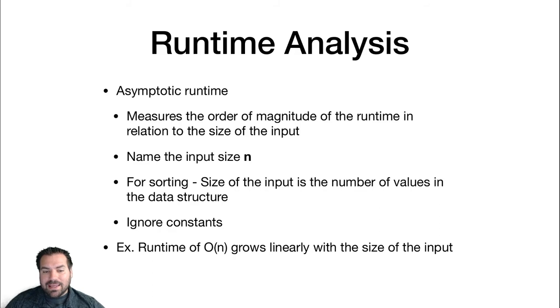It might be any linear thing, but we drop all the constants, drop all the lower order terms, and just say it's O of n. It's linear. And that's all asymptotic analysis cares about, the asymptotic runtime. You can think of this in terms of limit to infinity: O of n, just an n, its limit to infinity over the actual runtime, the exact runtime with all the constants, is going to be non-zero, non-infinity.